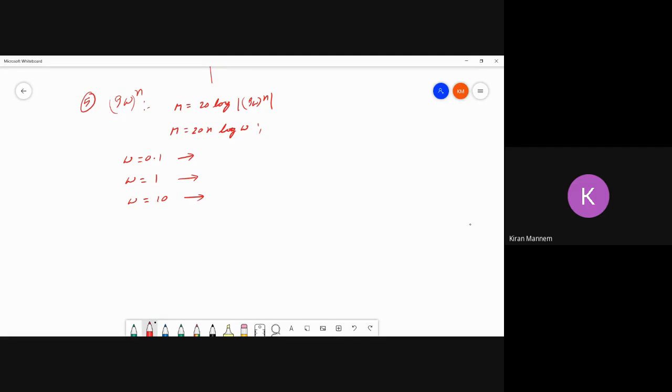So when omega equals 0.1, your magnitude will be 20n log 0.1, which is equal to minus 20n dB.